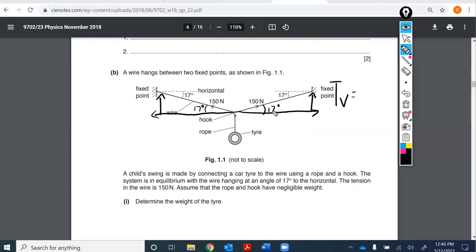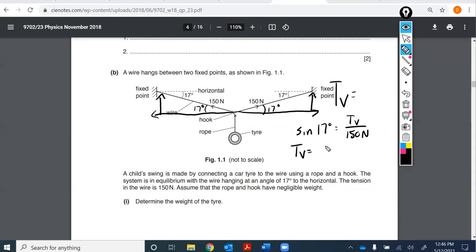We've got this side that is opposite the 17-degree angle, and we know the hypotenuse is 150 newtons. And so if we think about the sine function, the sine of this angle relates the side opposite, the vertical component of tension, and then the hypotenuse, which is all of the tension, 150 newtons. And so now we can solve for the vertical component of tension by multiplying both sides of that by 150.